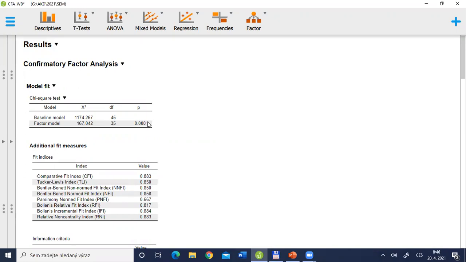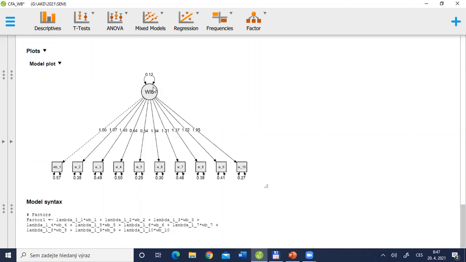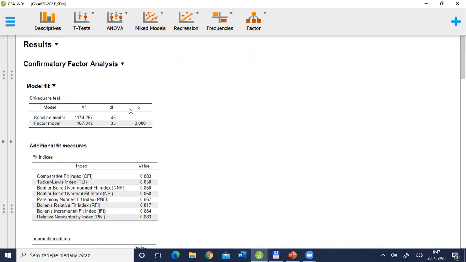And my question to all of you is whether it is a good result or not, if I can see quite a small p-value for testing my assumption that I could apply this one-factor model of well-being based on these 10 items. So what could be the conclusion from this chi-square testing here?